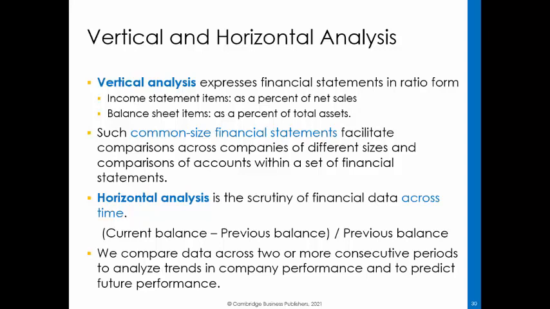Such common-size financial statements facilitate the comparison across companies of different sizes and comparisons of amounts within a set of financial statements. Horizontal analysis is the scrutiny of financial data over time. Comparing data across two or more consecutive periods assists in analyzing trends in company performance and in predicting future performance.